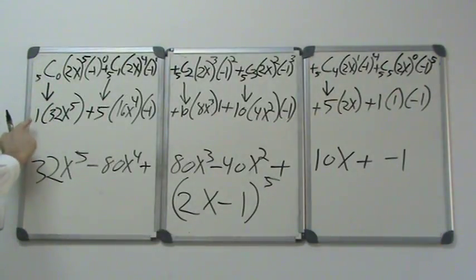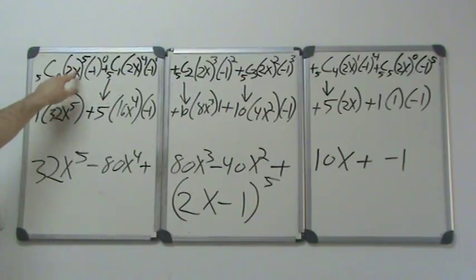5 combination 0 is 1. 2 to the 5th power is 32. X to the 5th power is x to the 5th power.